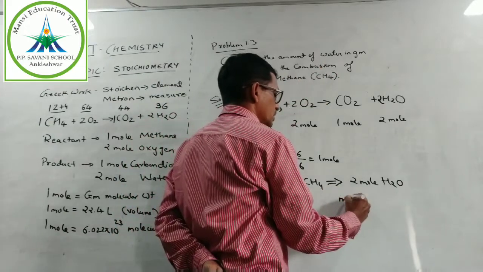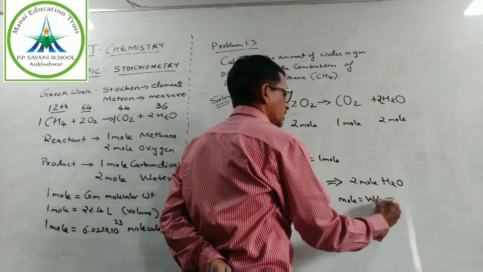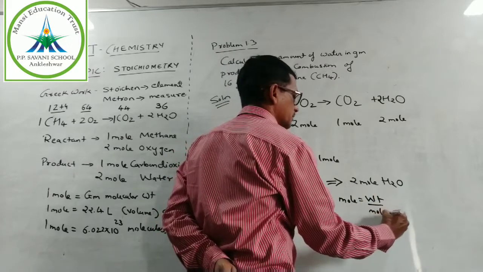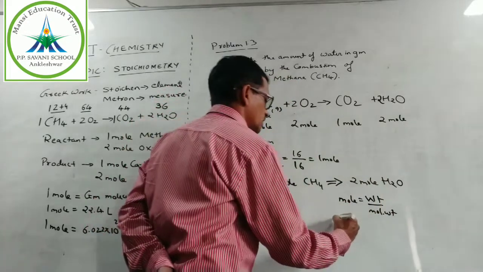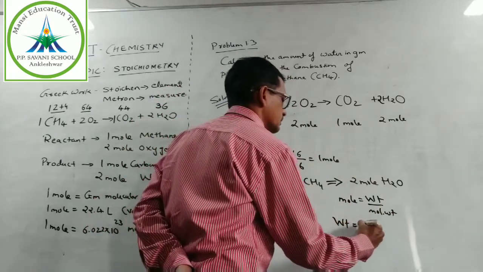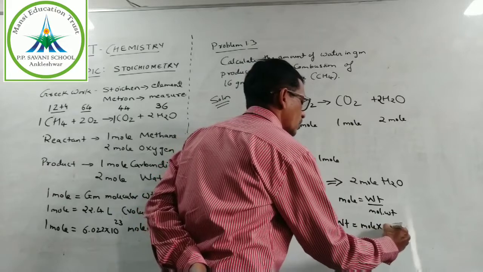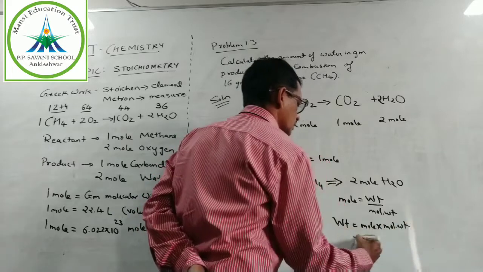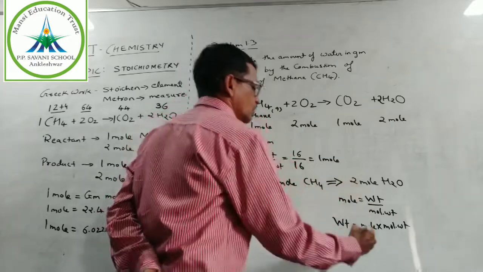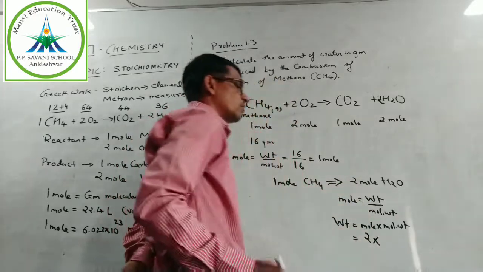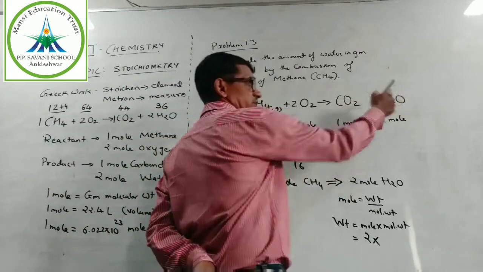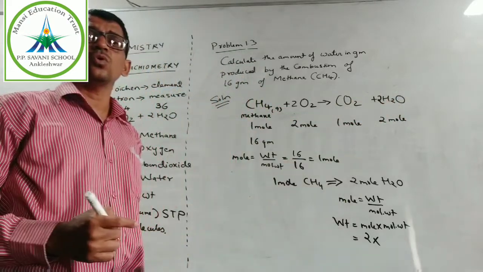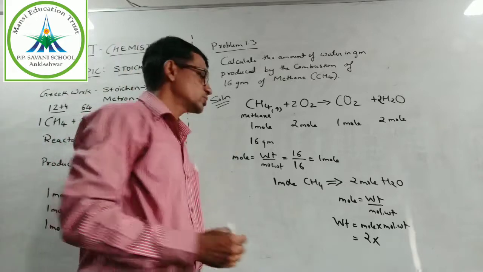So mole is equal to weight upon molecular weight. We want to find the weight in grams. So weight is equal to mole into molecular weight. 2 mole is produced, and molecular weight of water is oxygen 16 and 2 hydrogen, H2O, 2 plus 16, so it is 18.